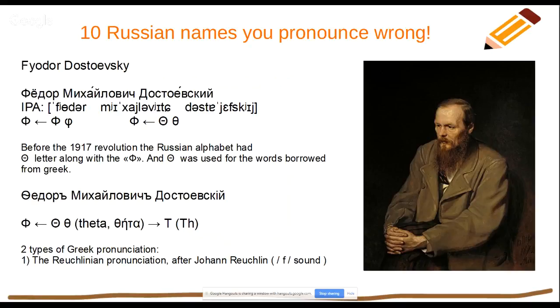We have a lot of Greek words borrowed at those first centuries after the translation of the Bible, and all of those words would be transliterated in Russian with F sound for this theta letter. But there is also the Erasmian pronunciation created by Erasmus. When he tried to reconstruct the ancient Greek, he used the Latin transcription of the Greek language.